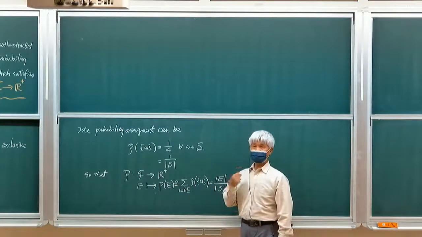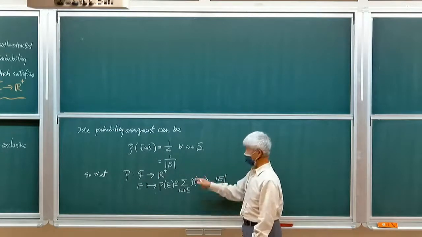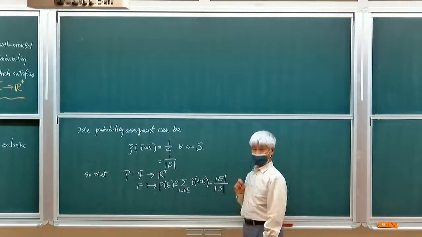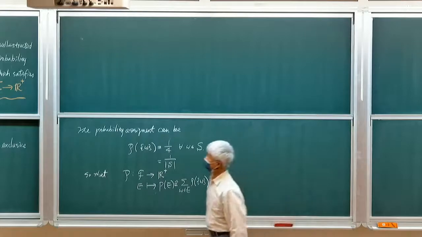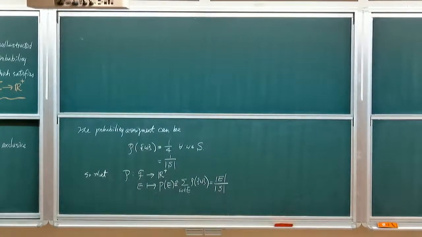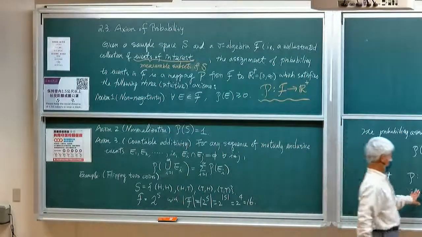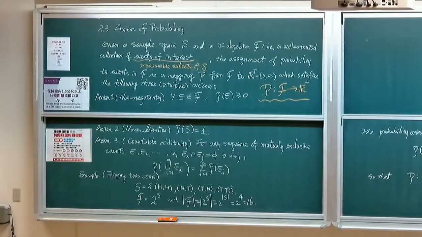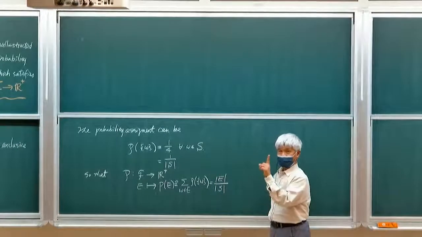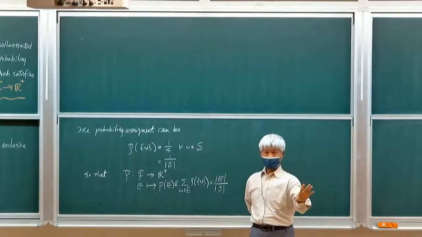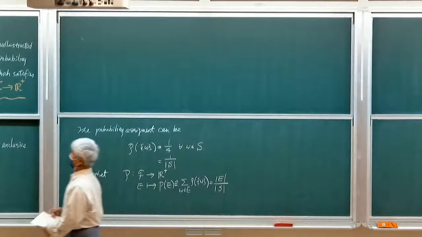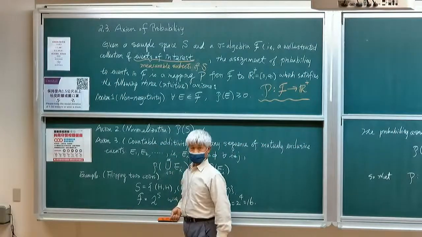But if E is not empty, this is positive. How about normalization? Well, if E is the total event, so if E is S, this is equal to 1. So it satisfies axiom number 2. How about 3, countable additivity?